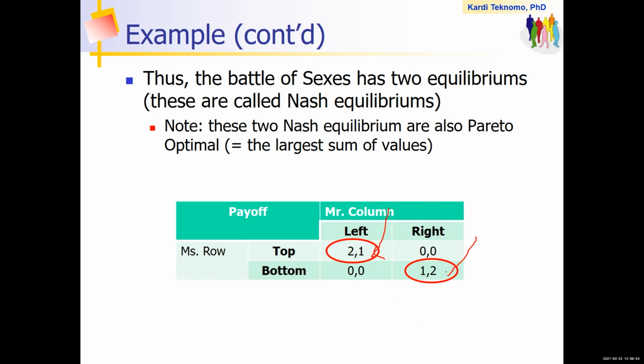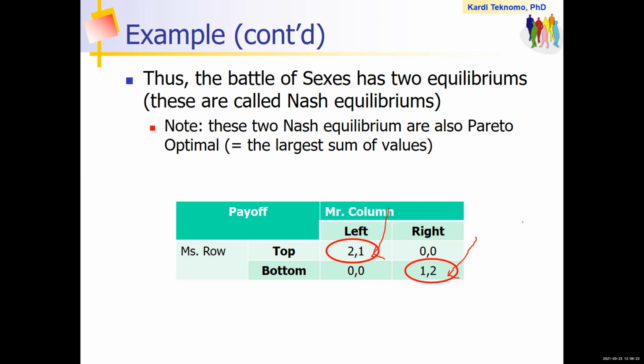The second one is for Mr. Column. But are they also Pareto optimal? Yes, right? The sum is 3. So the battle of sexes has two Nash equilibria and both of them are Pareto optimal.